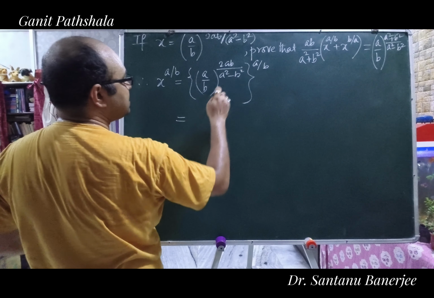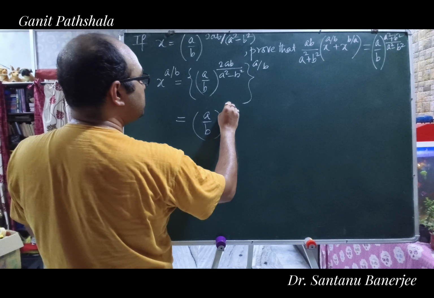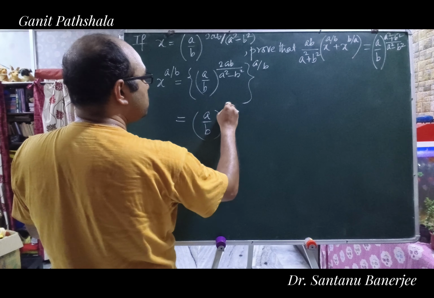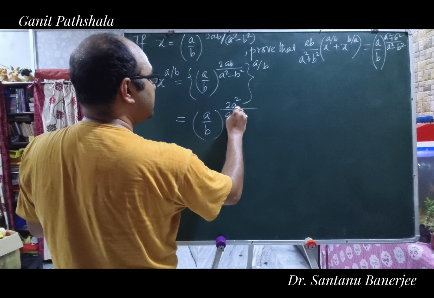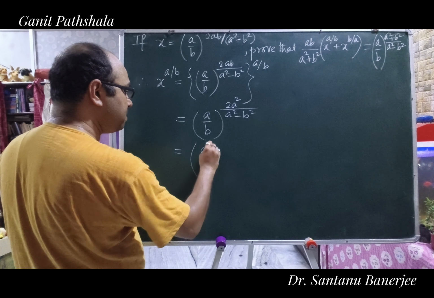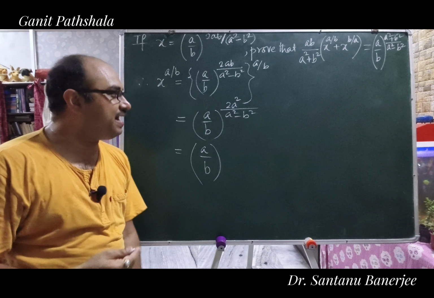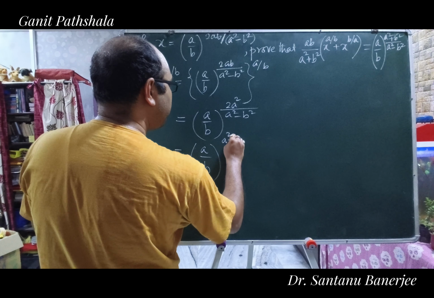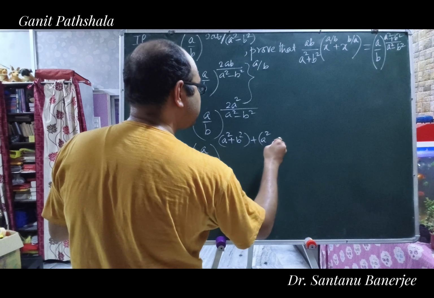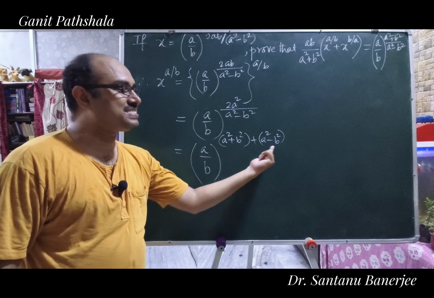Now if you multiply, you have (a by b) whole to the power, the b on the denominator and this b will get cancelled out, only 2a square will remain divided by a square minus b square, which is equal to (a by b) whole to the power, now see 2a square, you can write 2a square as a square plus b square plus a square minus b square.